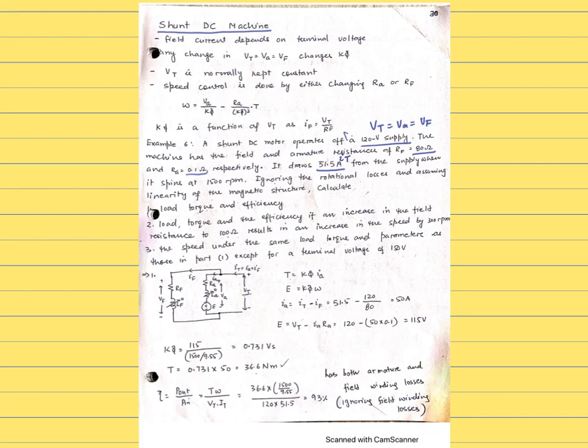And it spins at 1500 RPM, so that's the speed. Ignoring the rotational losses, the rotational losses are 0. Assuming the linearity of the magnetic structure, so that means phi is proportional to IF. So that means we can use the proportionalities.